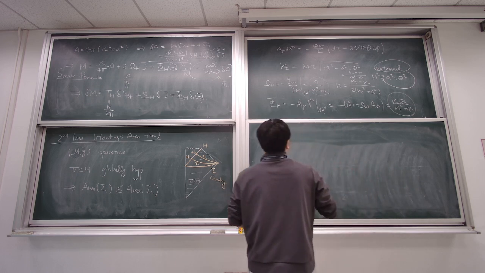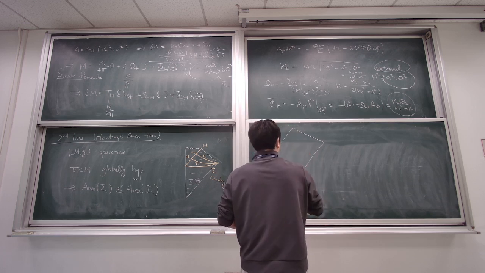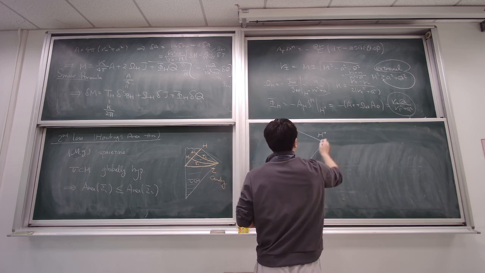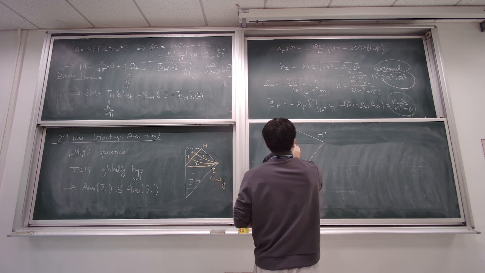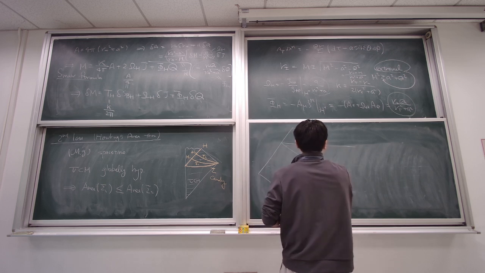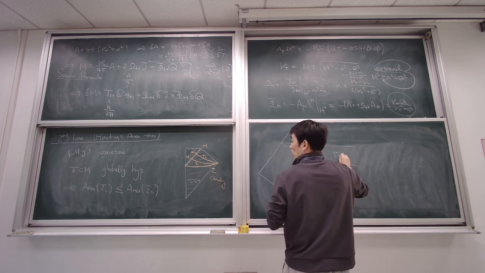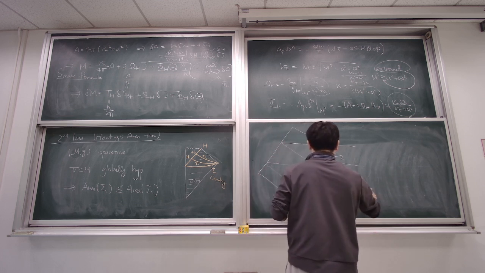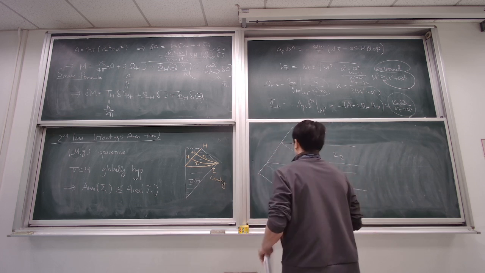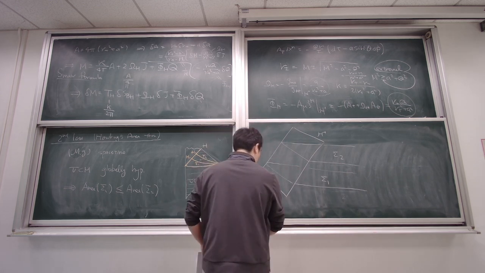Okay, and so the picture is as follows. So this is H plus, and the Cauchy surface is something like this. The Cauchy surface is given by sigma 2, and this is sigma 1. And here is the horizon.